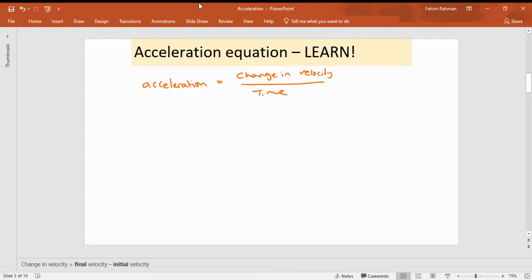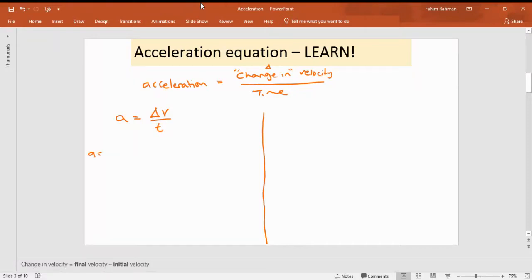Now there's 2 ways that we can show this equation, so I'm going to split that down the middle and show you both ways. The first one is a equals this little triangle v over t. Now that triangle just means delta, it means a change in. So it's basically another way of saying this part here, whatever your change of velocity is, over time.